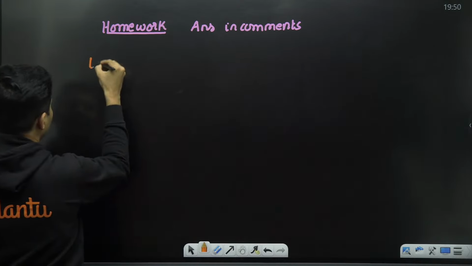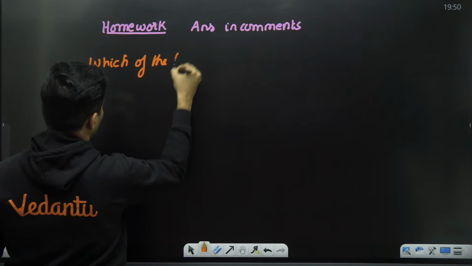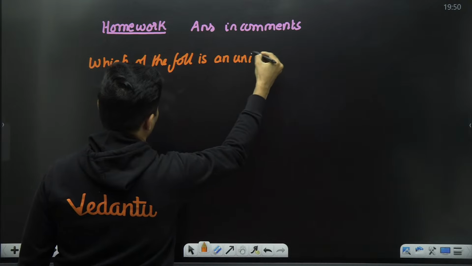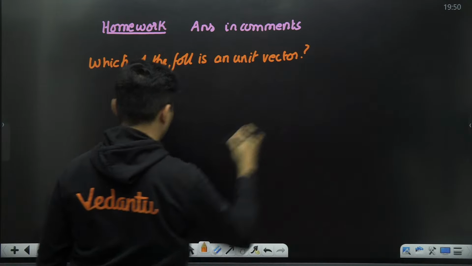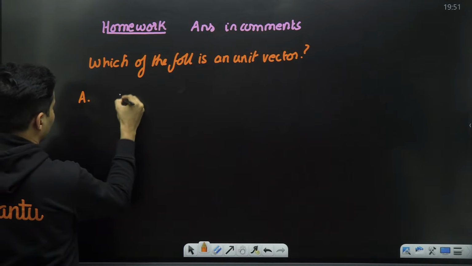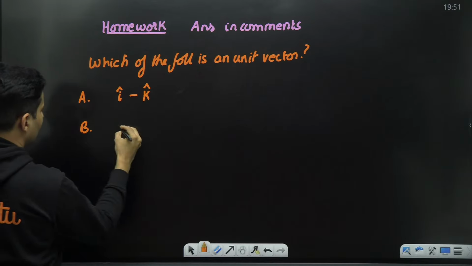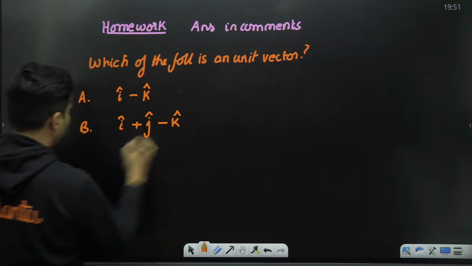Which of the following is a unit vector? A, I cap minus k cap. B, I cap plus j cap minus k cap.